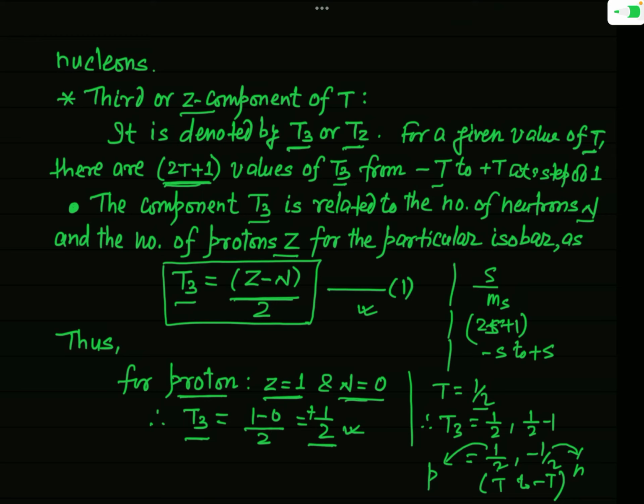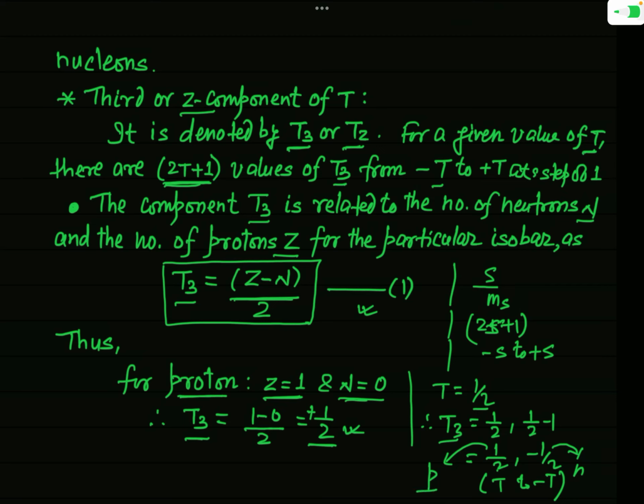But is it strictly said that T3 will be equal to half for proton and minus half for neutron? No. You may use the convention that T3 is equal to minus half for proton, okay, and plus half for neutron, that will be also correct. This is just a convention. Since nucleon has two different charge states, this T3 actually has two values, and the first one represents a particular nucleon.